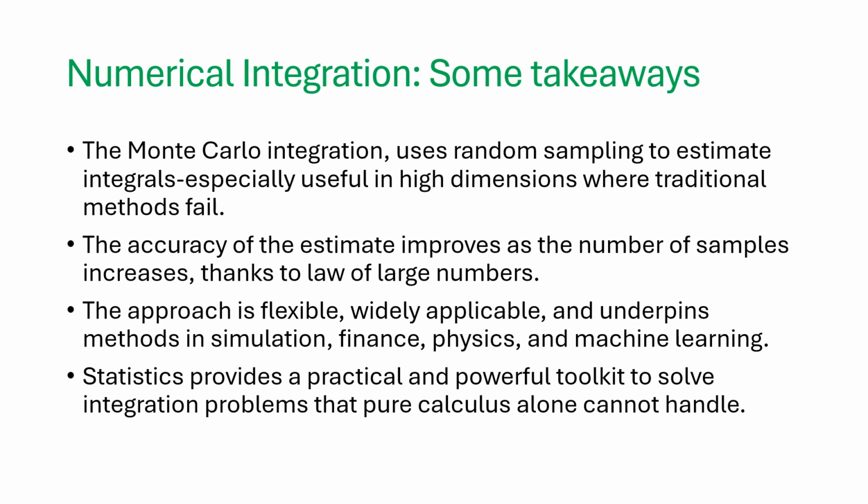So what is the takeaway? Monte Carlo integration uses random sampling to estimate integrals, especially useful in high dimensions where traditional methods fail. The accuracy of the estimate improves as the sample size increases, thanks to the law of large numbers, because we have discussed the law of large numbers a lot in the statistics class.